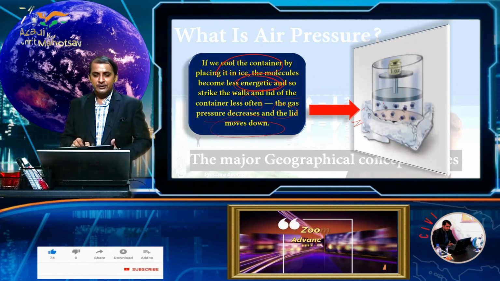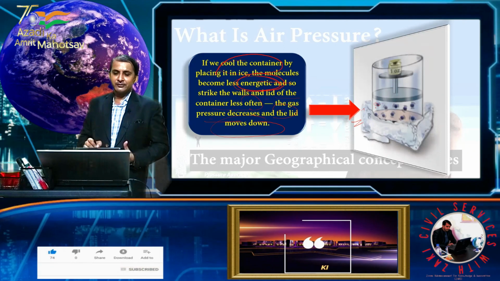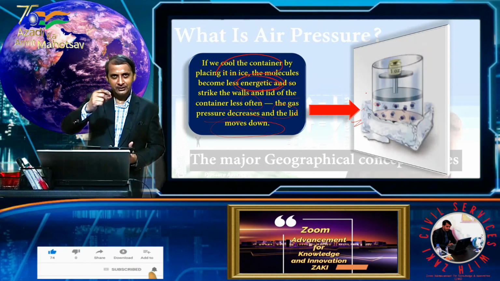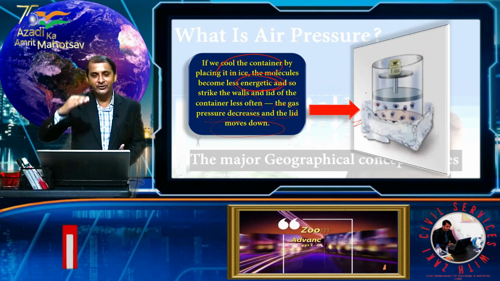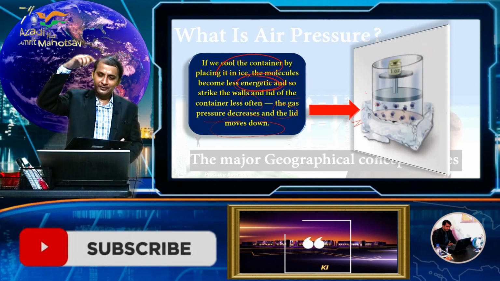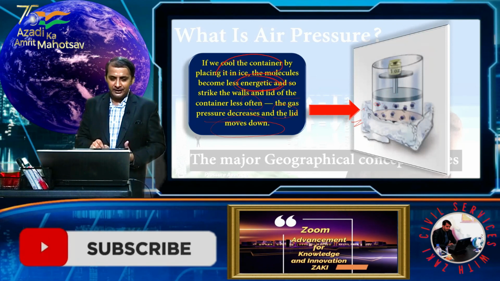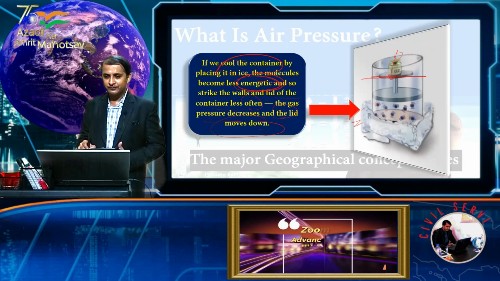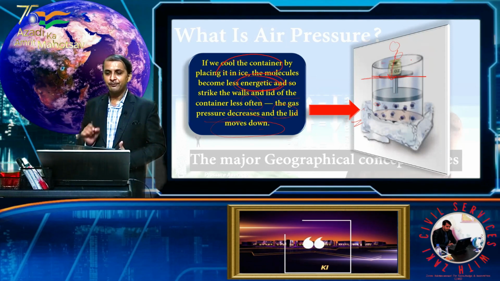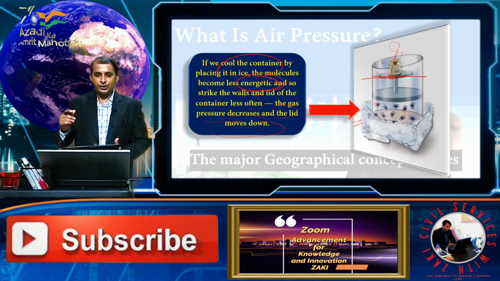So energy decreases, molecules are more closely packed, the volume of the container decreases, and the lid moves down. So the lid moves from here to here, down.